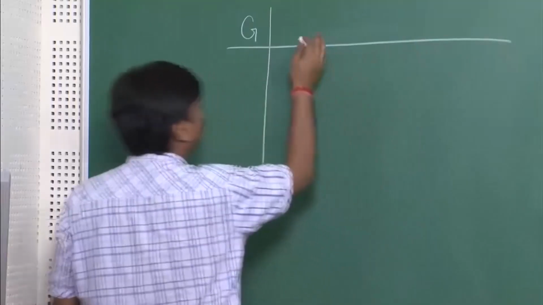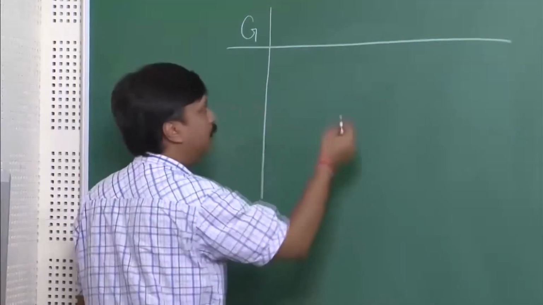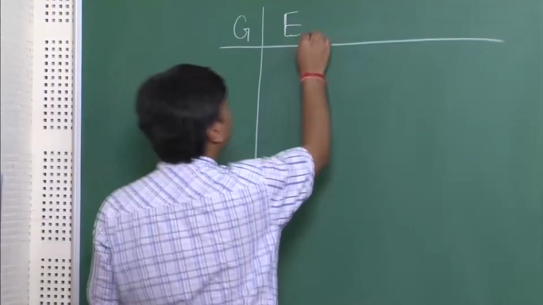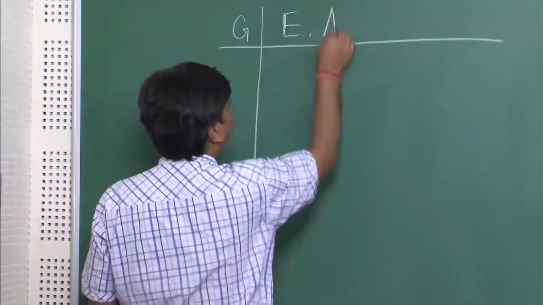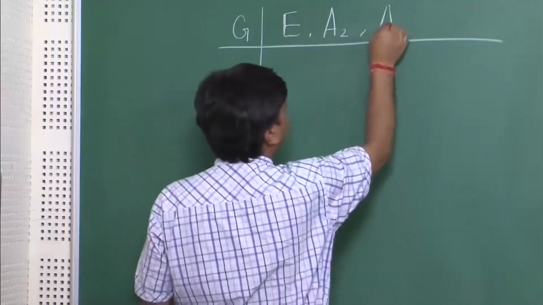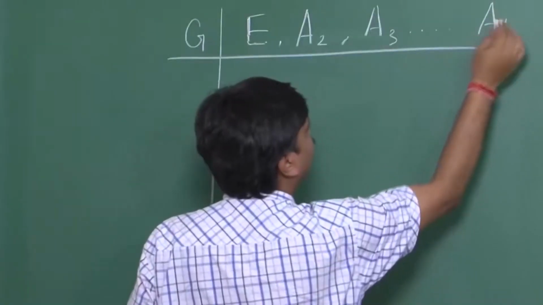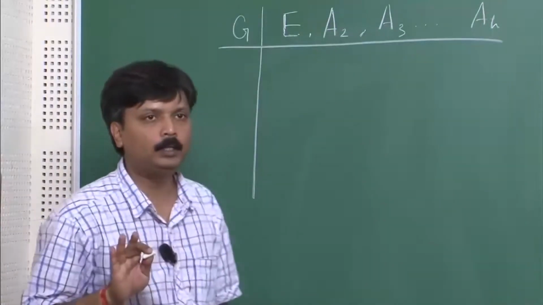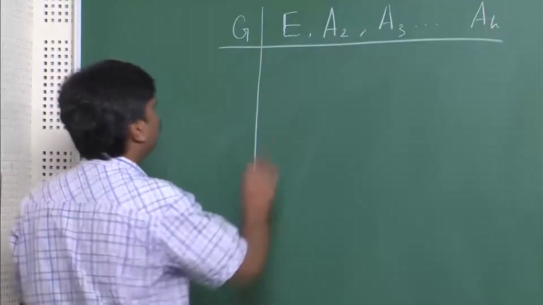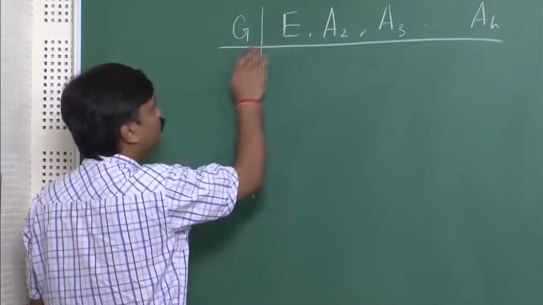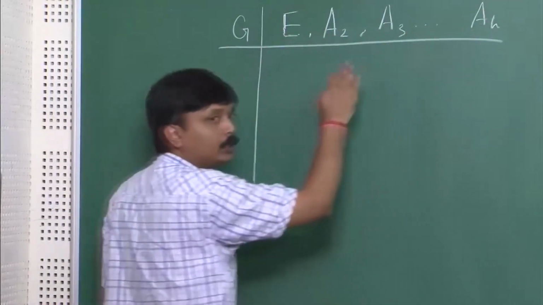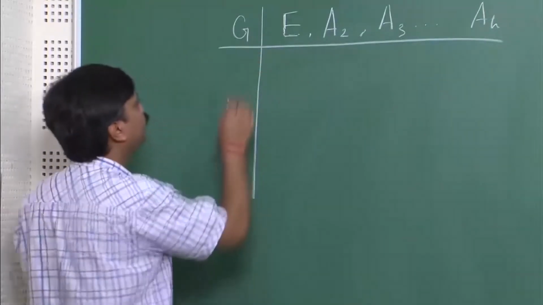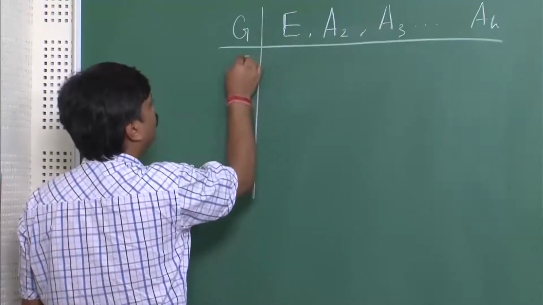If I have H number of elements, so I have a trivial E, then suppose I have A2, A3 up to AH. Okay. Then what we do in order to get the group multiplication table is the following. We write also the same symmetry operations, or in general, in case of group, we write all the elements that are there in this group in the column also in the same order.